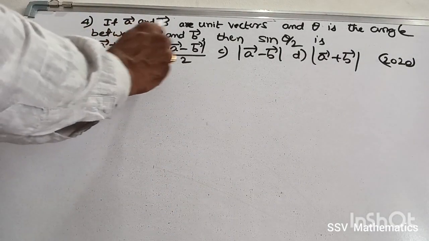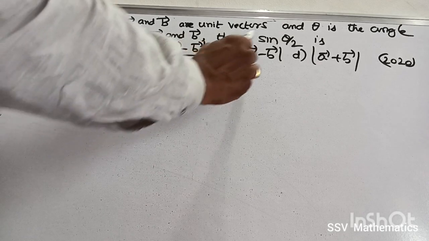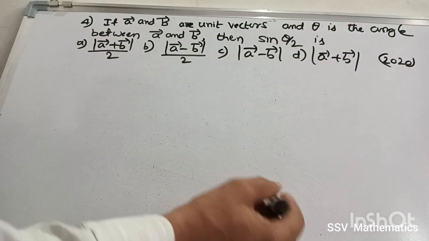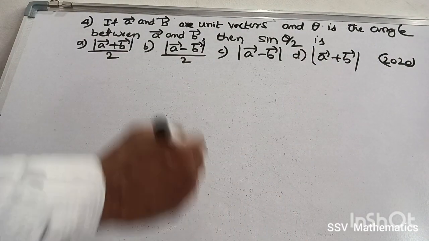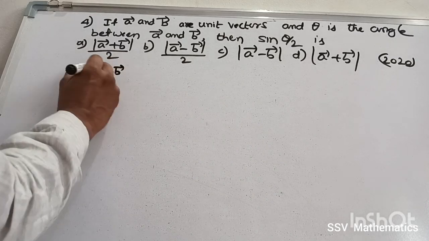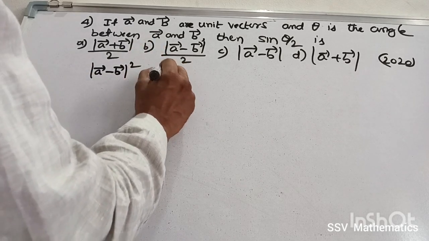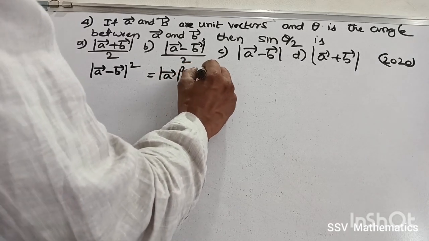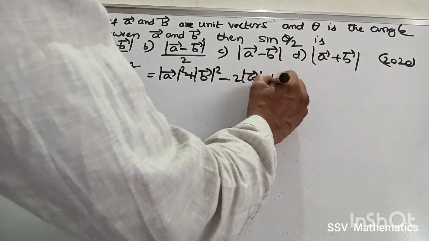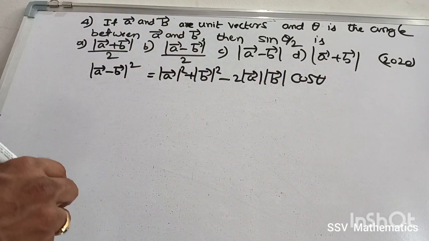If vector A and vector B are unit vectors and theta is the angle between vector A and vector B, then sin theta by 2 is equal to, options are given, asked in KCET 2020. So here consider magnitude of vector A minus vector B whole square. This can be written as magnitude of A square plus magnitude of B square minus 2 into magnitude of A into magnitude of B into cos theta, by using the result in vectors.